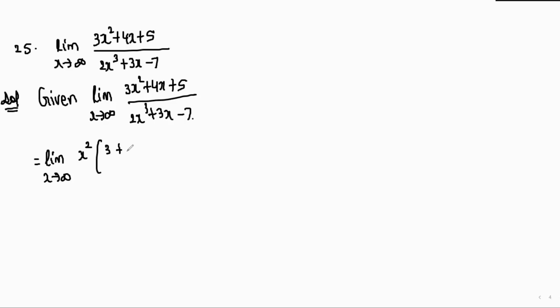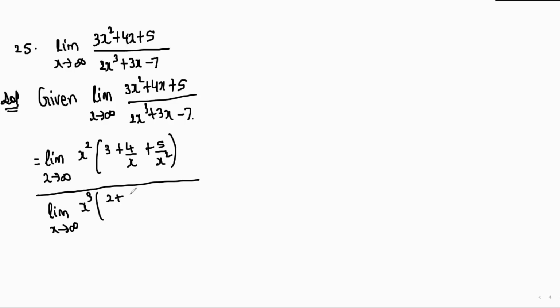We will be left over with 3 plus 4 by x plus 5 by x square. And in the denominator, we take x cube common. So we are left over with 2 plus 3 by x square minus 7 by x cube.